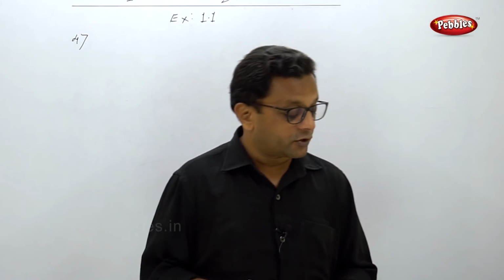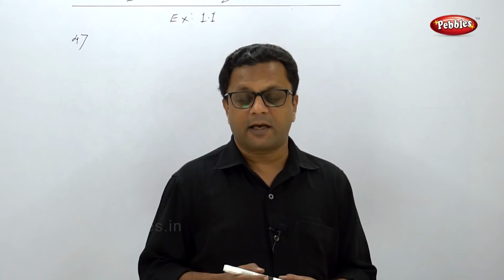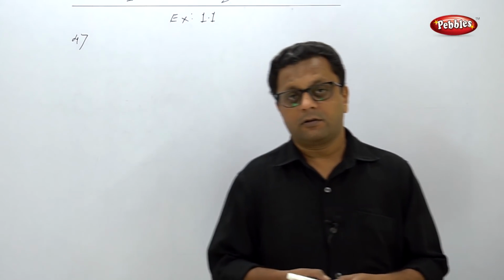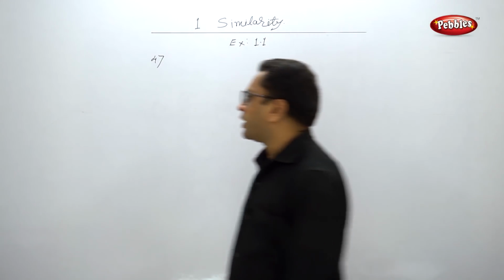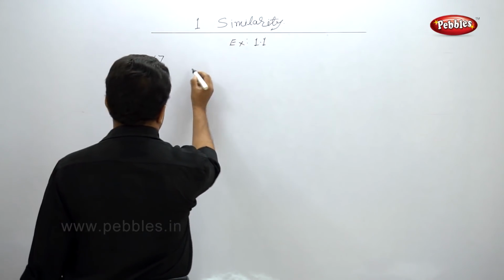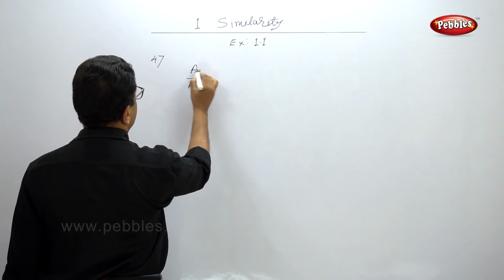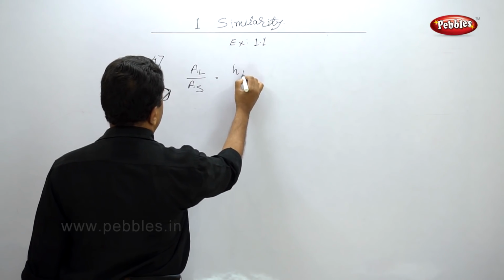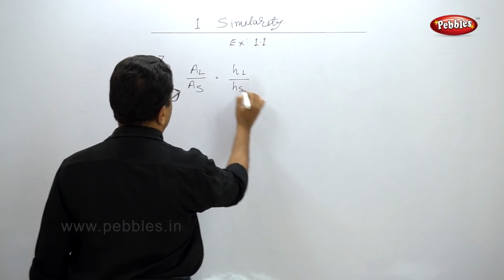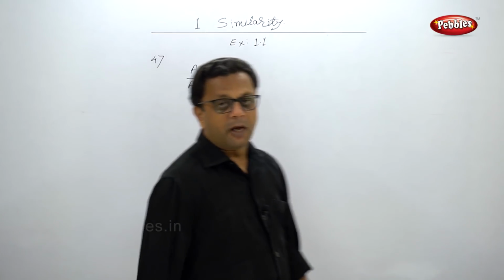This example was for 3 marks in the March 15 exam. As they have stated the larger triangle and smaller triangle, I will write that area of larger triangle upon area of smaller triangle is equal to height of larger triangle upon height of smaller triangle. This is by property.